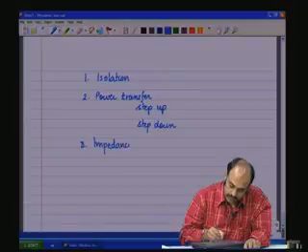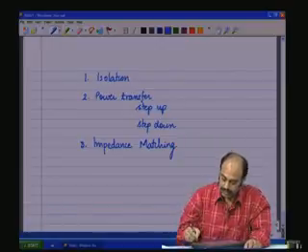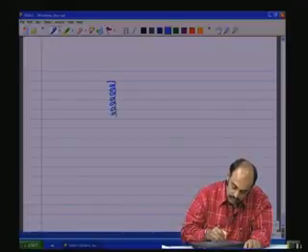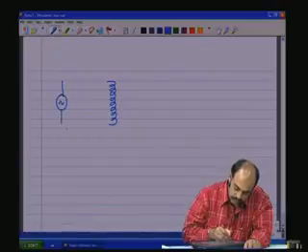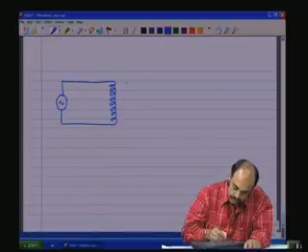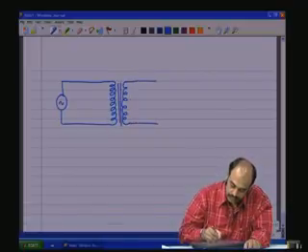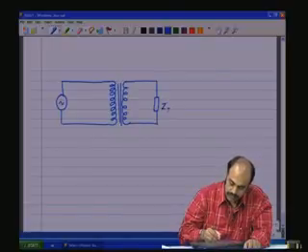Impedance matching. What I mean by this is, if you have a transformer and we have the source, the core like that, and let us say we have an impedance Z2 here.